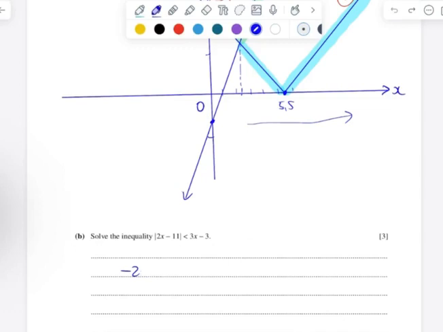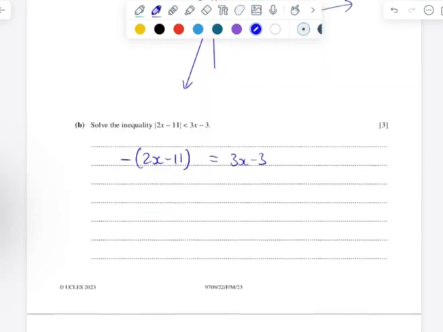Let me rather write it like this. I'm going to take the negative, and that's equal to my 3x minus 3. So basically minus 2x plus 11 equals 3x minus 3.